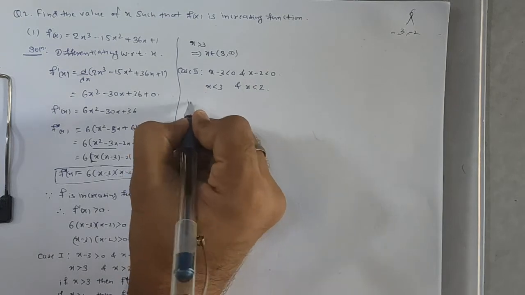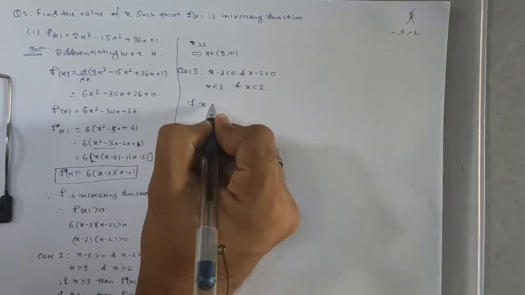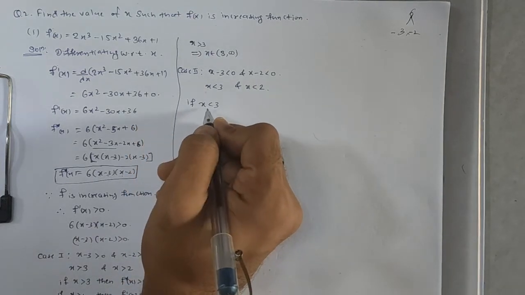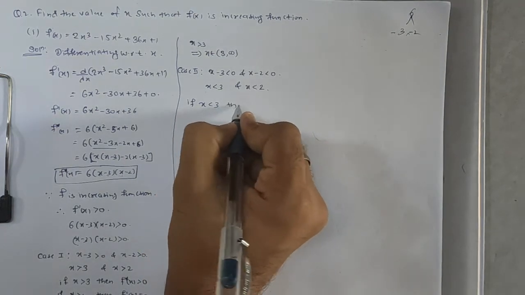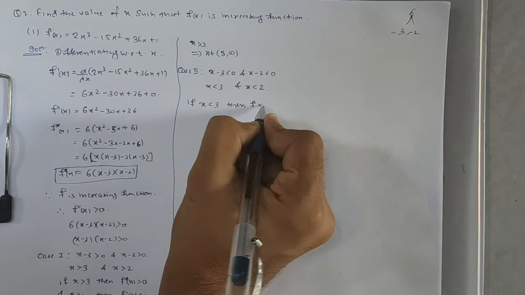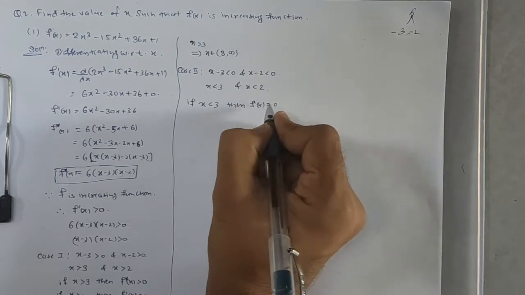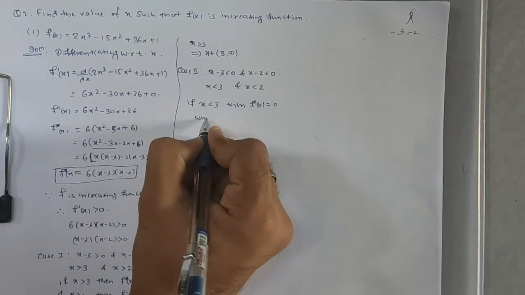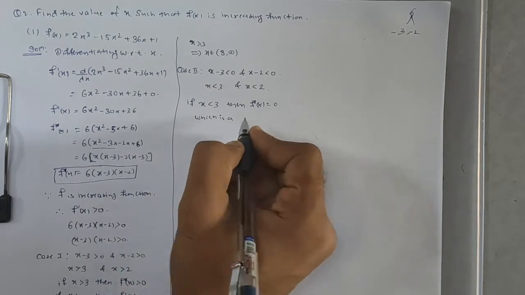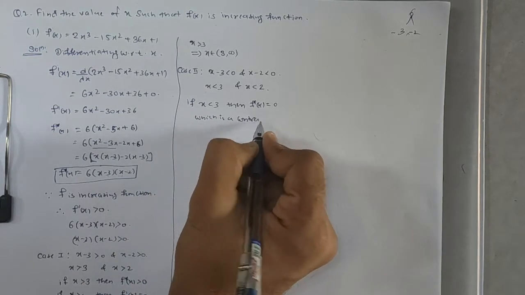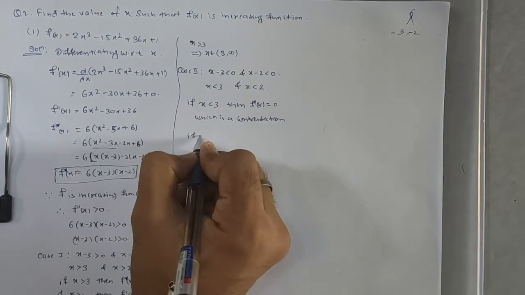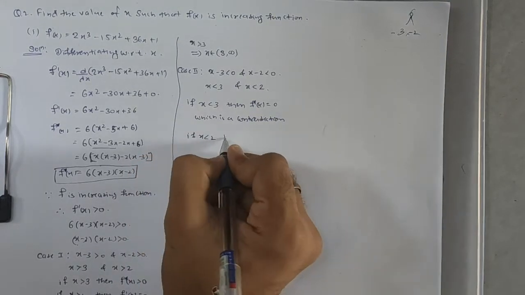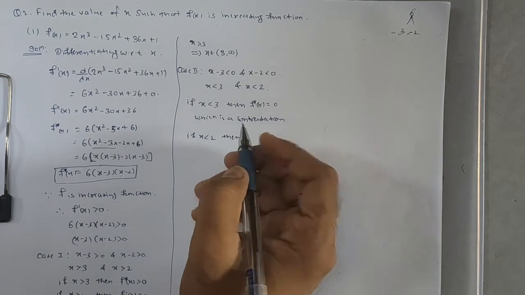If x is less than 3, that means 2. So this will be, then, f dash of x is 0, which is a contradiction. If x is less than 2, then what will be the value?